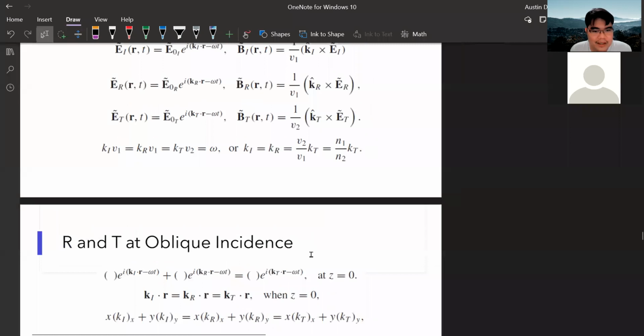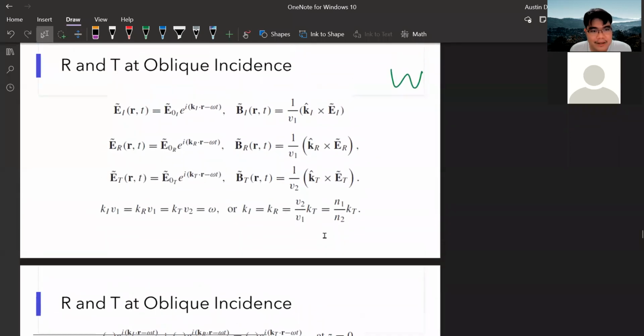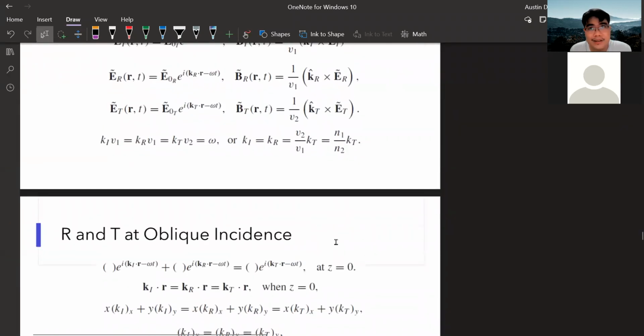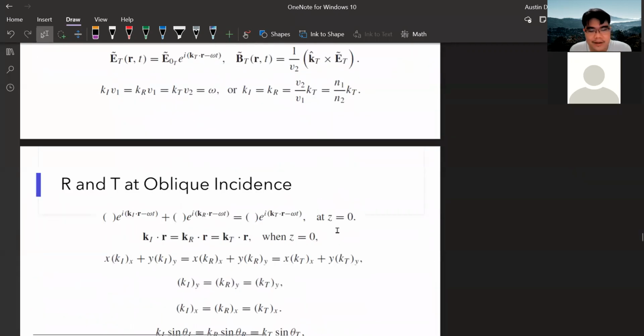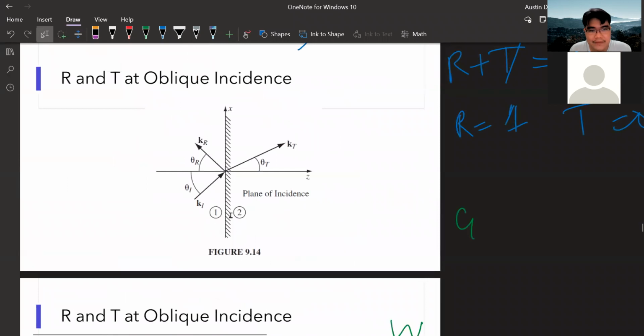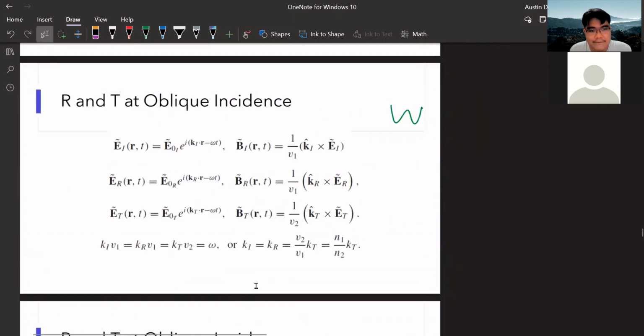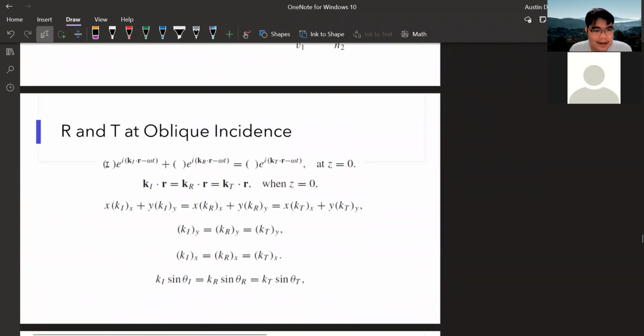Now, the boundary conditions tell us that yung continuous dapat yung wave mo at z is equal to 0 at the interface. So with that, let's write this equation down.